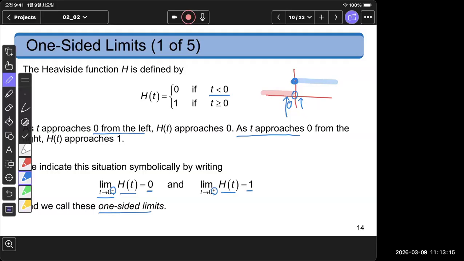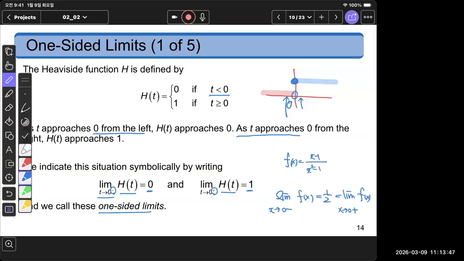So previously, in the ordinary limit, the left-hand limit and the right-hand limit were the same, right? In the previous case, when f of x is defined by x minus 1 over x squared minus 1, at that point the limit of f of x as x approaches 0 from the left was 1/2, and the limit of f of x as x approaches 0 from the right was also 1/2.